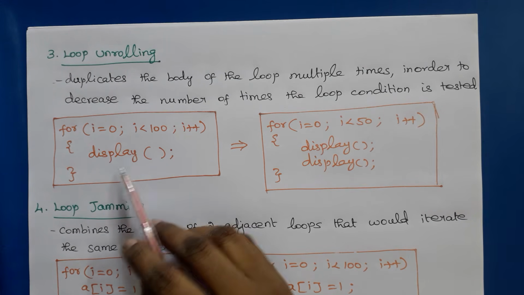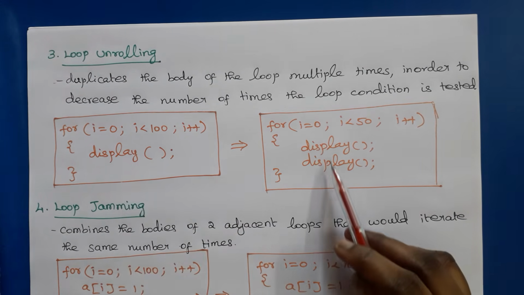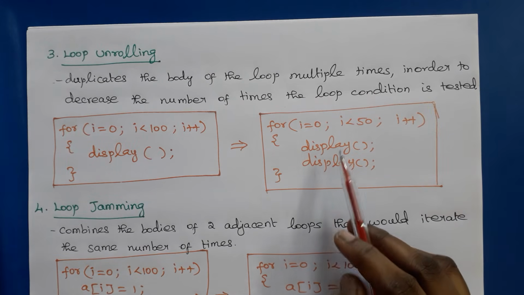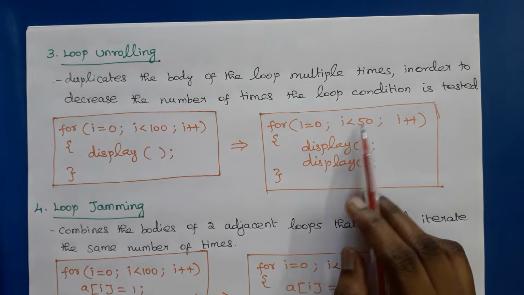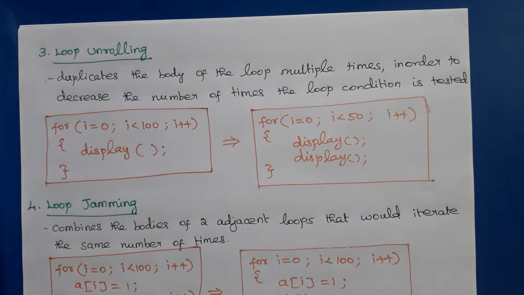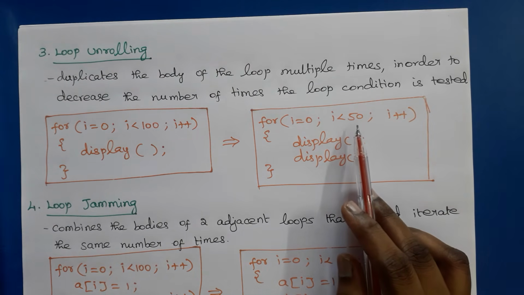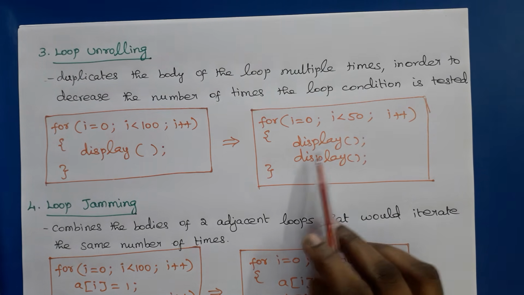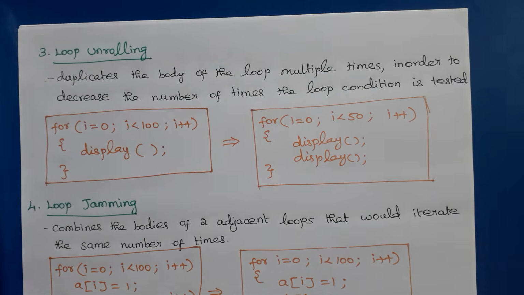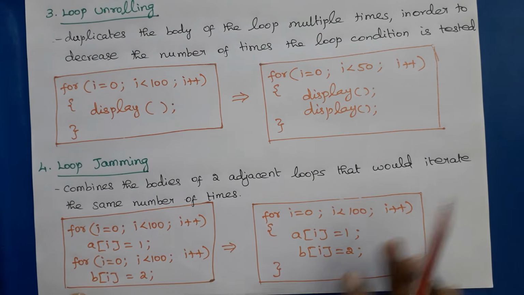If we duplicate this function call, that is, the function call statement is written 2 times inside the body, then we can decrease the 100 to 50. So here the loop condition is tested only 50 times, and each time the display function will be called 2 times.